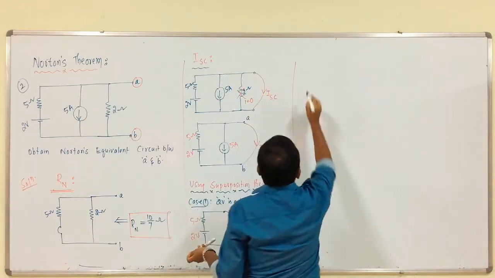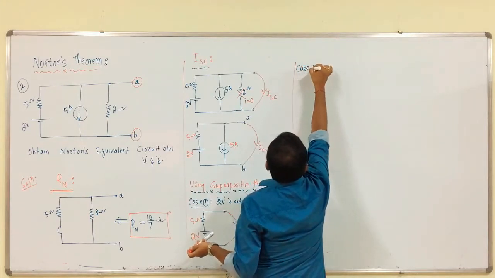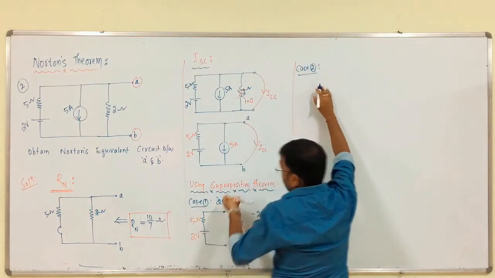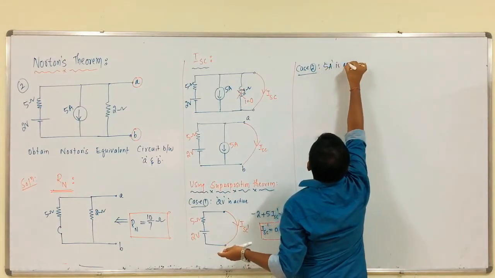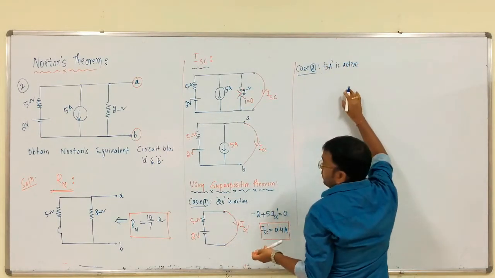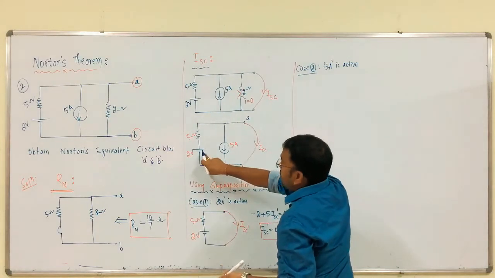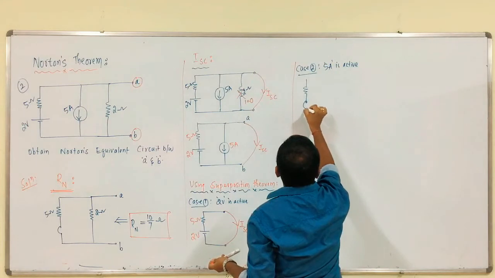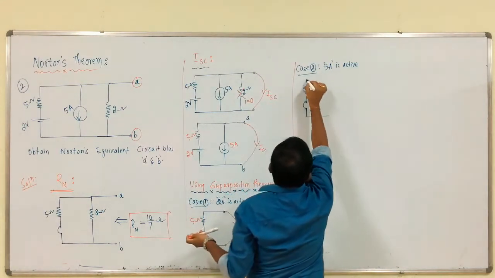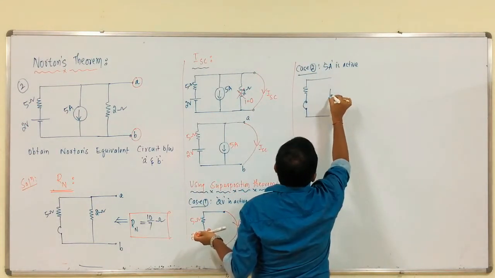Next, case 2. What is case 2? The 5 ampere source is active. Therefore, the voltage source is replaced by a short circuit.